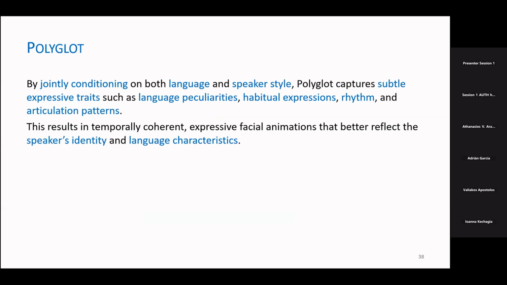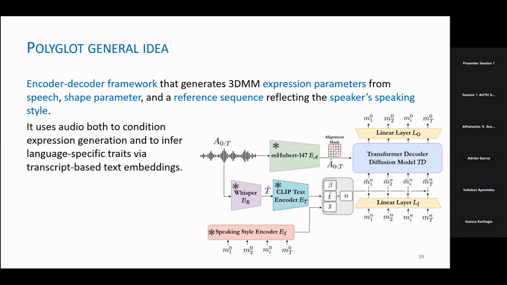Okay, so maybe I can go directly here to present some additional details of this architecture. You can see here that we start again from the audio track as an input, and we have three different encoders.